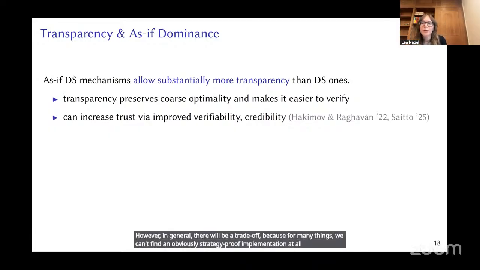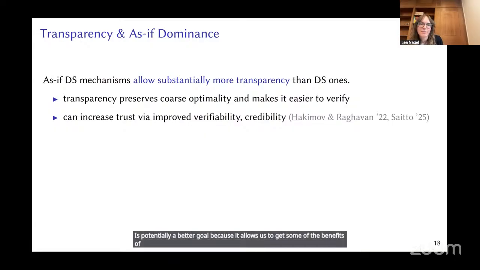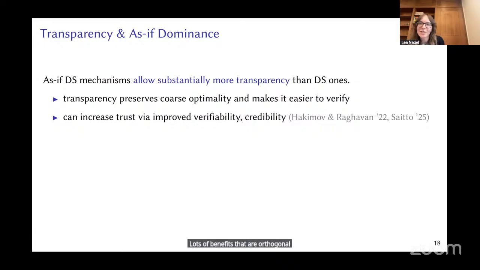And so for those settings in which we have a trade-off between increasing transparency and maintaining dominance, we propose that maybe maintaining as-if dominance is potentially a better goal because it allows us to get some of the benefits of the more transparent mechanisms. Okay? And so coarsely optimal strategies are going to get easier to verify. Moreover, transparency also has lots of benefits that are orthogonal to simplicity that have been discussed in the literature.